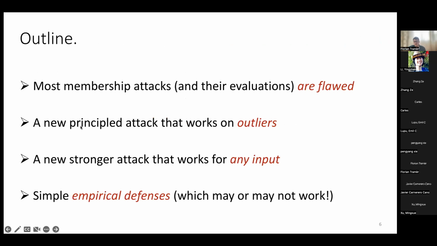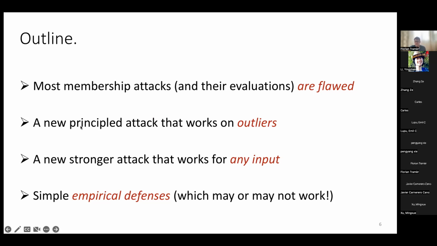Today we'll be talking about membership inference, first in terms of how these attacks have been evaluated in the past. The argument I'll be making is that these evaluations have been somewhat flawed, and we propose a better way to evaluate whether a membership inference attack is successful.